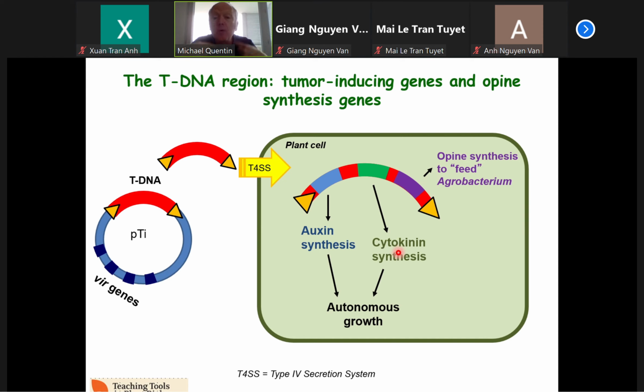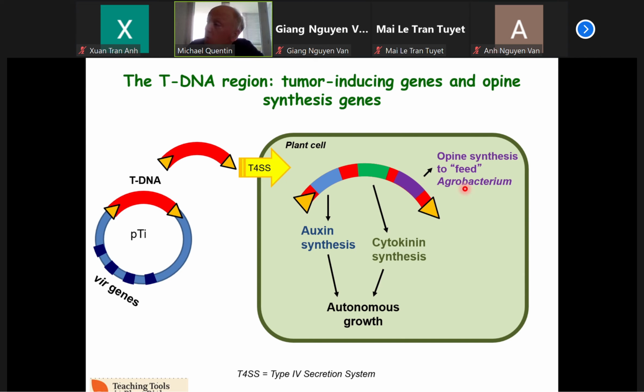So the cells proliferate, they divide, and it's the production of auxin and cytokinin by the plant cell that will be responsible for the tumor formation in the crown gall disease. Okay? You remember Agrobacterium tumefaciens, it's a pathogenic bacteria.